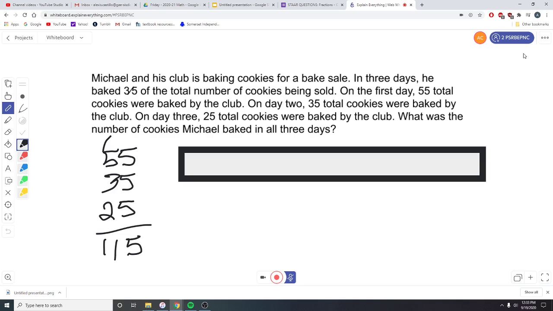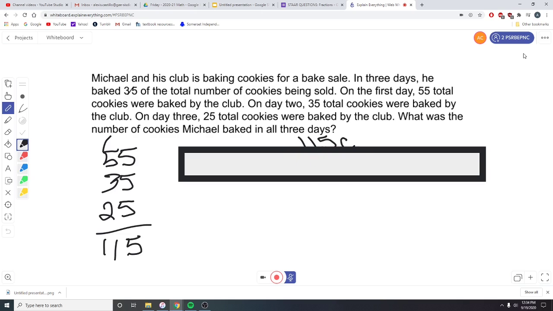Now, what we need to know is how much this fraction bar is worth. Remember that your fraction bar is always worth the total amount. Well, we know that the total amount of cookies that were created was 115. So that means there is 115 cookies.